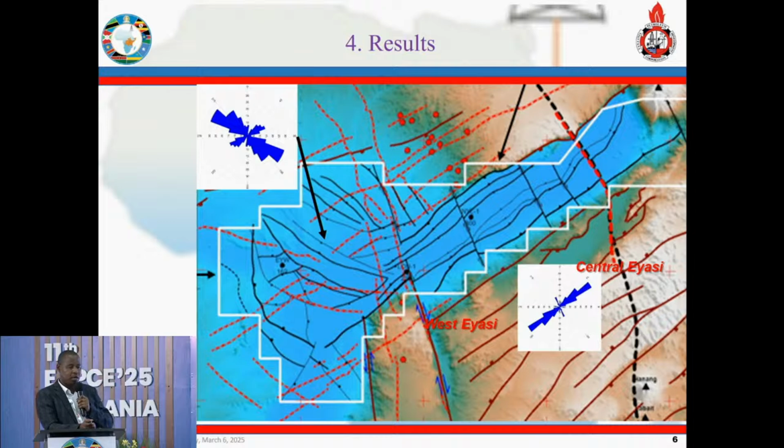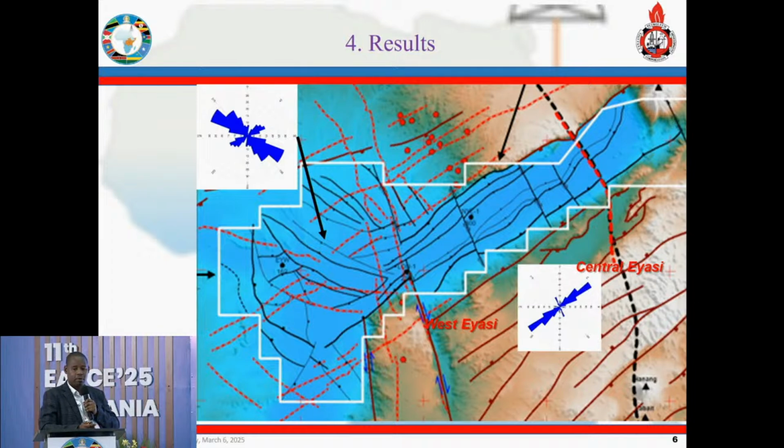But when you go toward the eastern part, at the central part of the area, most of these structures run northeast-southwest. When you go further to the extreme end of this area, the faults turn and orient to the northeast, especially on the left part of Manyara and Natron, where the structures run northeast.